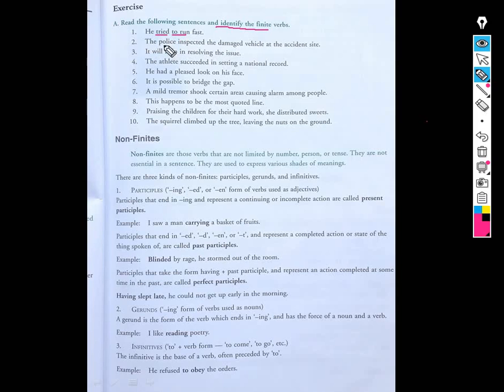Similarly, the second example, the police inspected the damaged vehicle at the accident site. यहाँ पे एक्सीडेंट हुआ है, वहाँ पे तबाहशुदा जो गाड़ी थी उसके बारे में पुलिस ने इंस्पेक्शन की, उसके बारे में तफ्तीश किया। ओके, the police inspected, इंस्पेक्शन करना, तफ्तीश करना। ओके, सेकंड फॉर्म जी पास्ट टेंस है, this is finite verb, इसको हम प्रेजेंट में कर सकते हैं, the police inspects, और इसी तरह हम इसको कर सकते हैं the police will inspect, ओके, ये चेंज हो जाएगा, right.